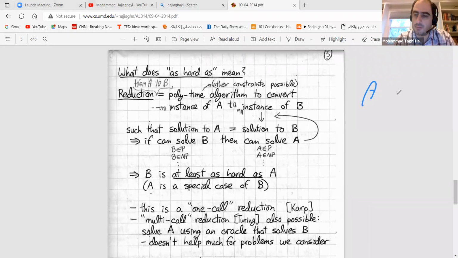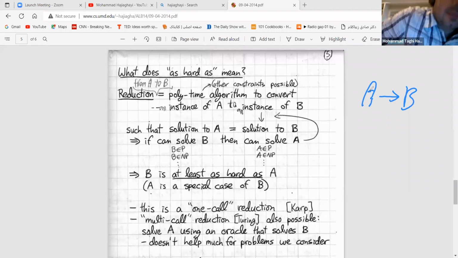This is a reduction from A to B. And as I mentioned, it means that B is at least as hard as A. So we say that there is a reduction, for example, from satisfiability to the OR problem. It means that B is at least as hard as A, or A is a special case of B.